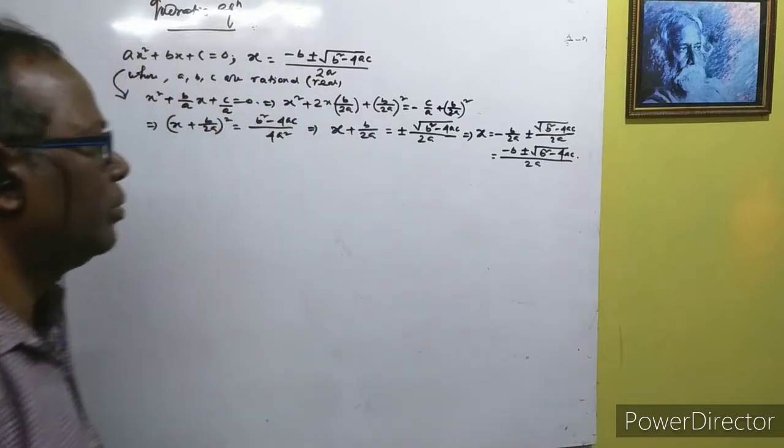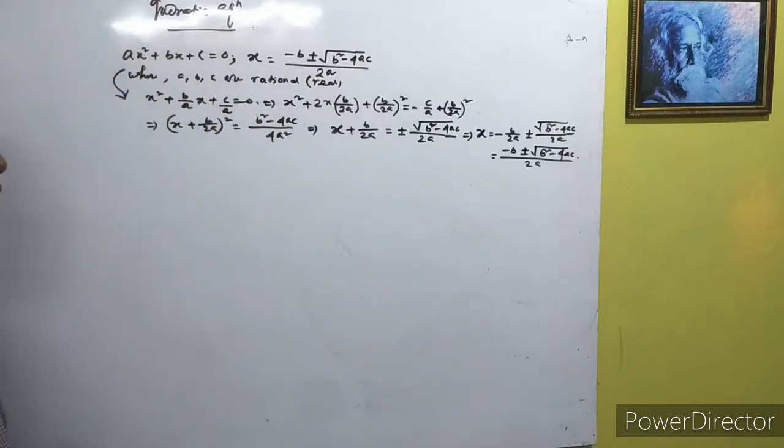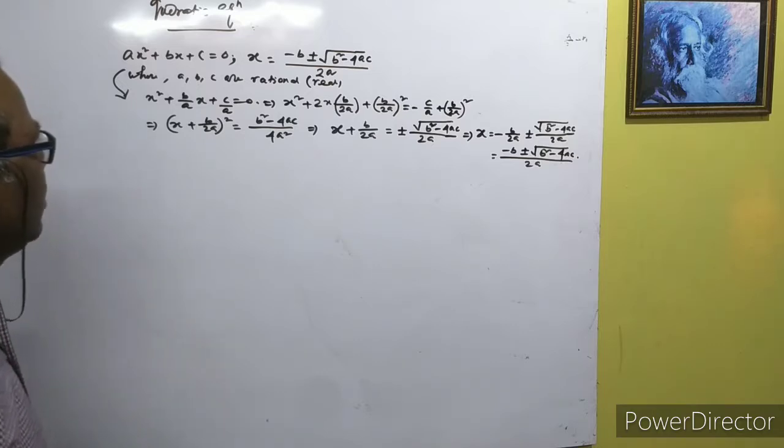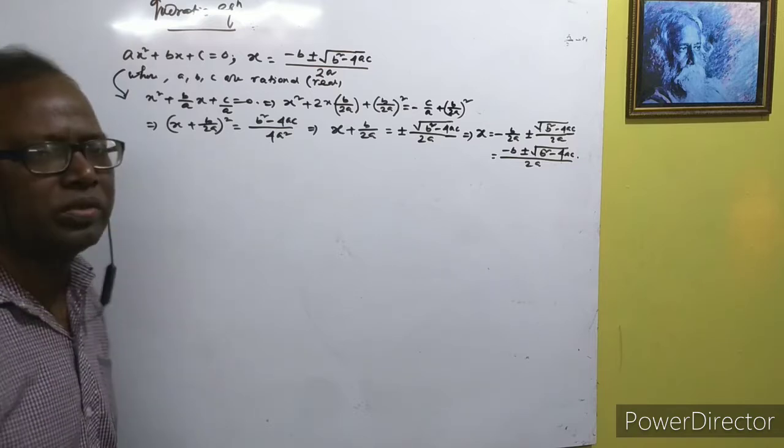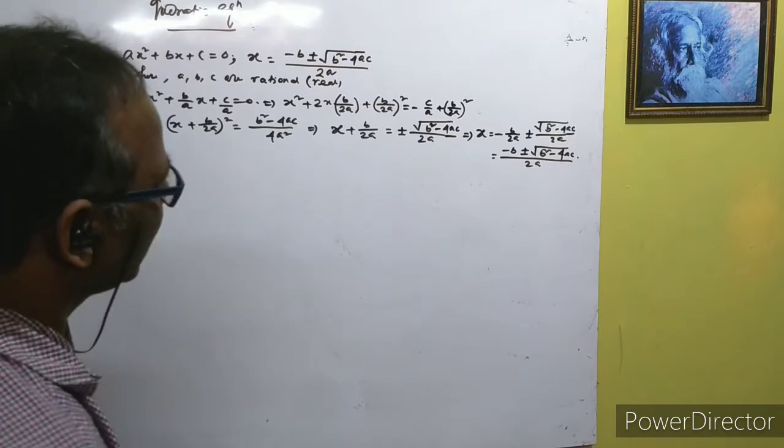So where we are, about the discussion of this chapter, first the coefficients of x², x and the constant, let us assume a, b, c are rational. When a, b, c are rational, with respect to that we have to discuss the theorem of the quadratic equation here. Now see x = (-b ± √(b² - 4ac)) / 2a here.